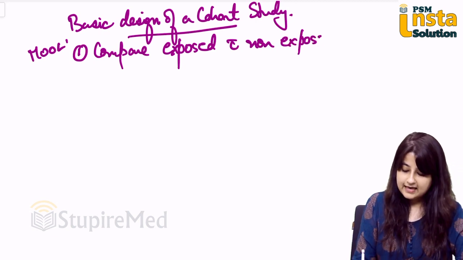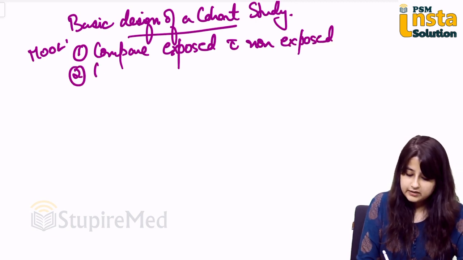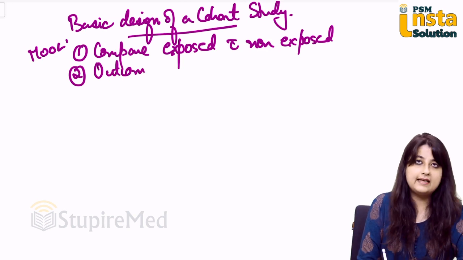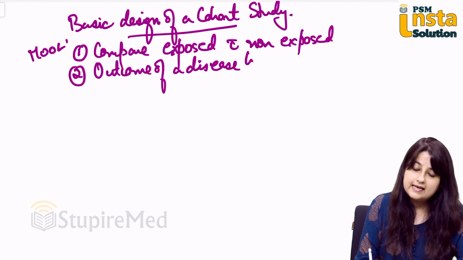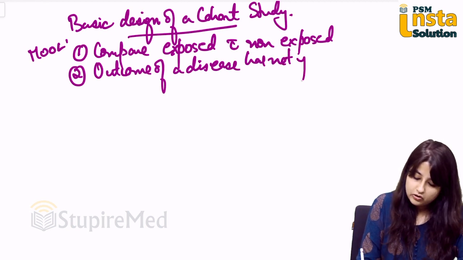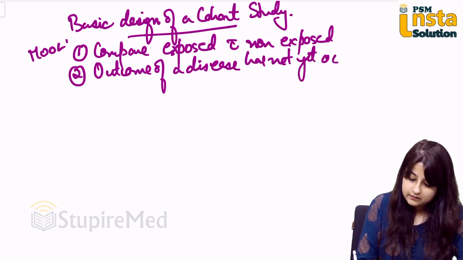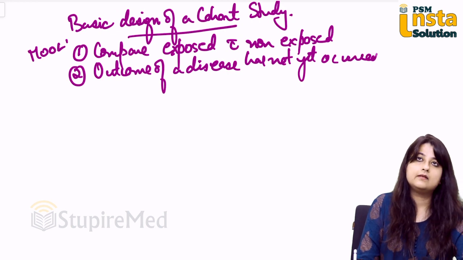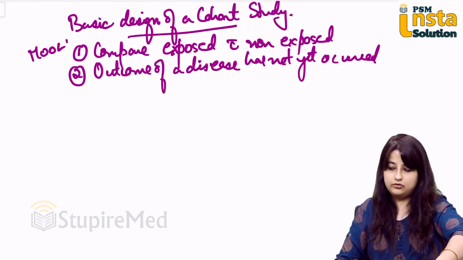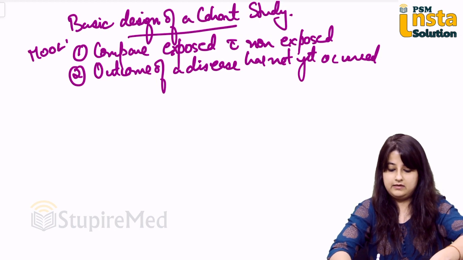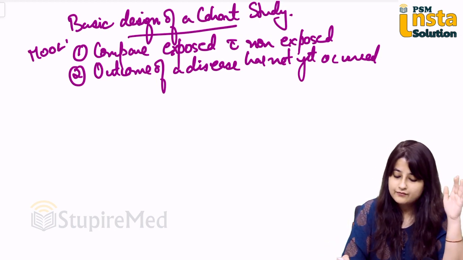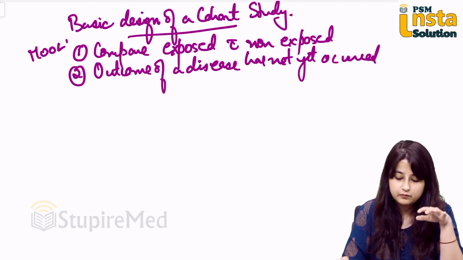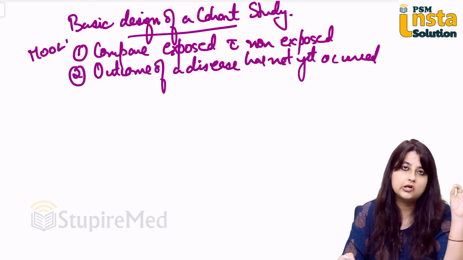And the second point is that the outcome of the disease has not yet occurred. So these are the two things that you need to remember. In the basic design of a cohort study, you compare exposed with non-exposed, and the outcome of the disease has not yet occurred.